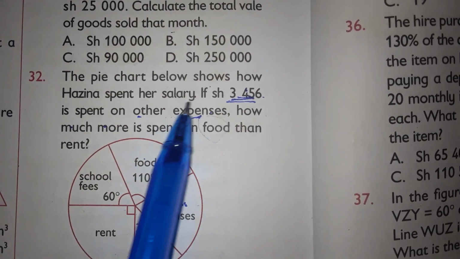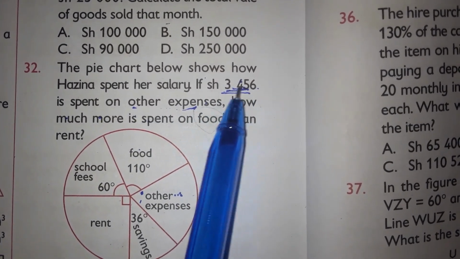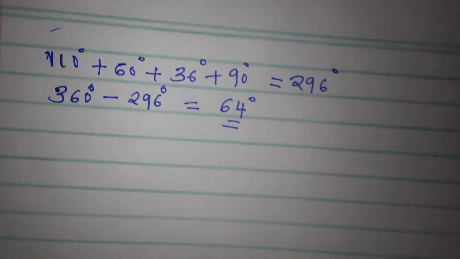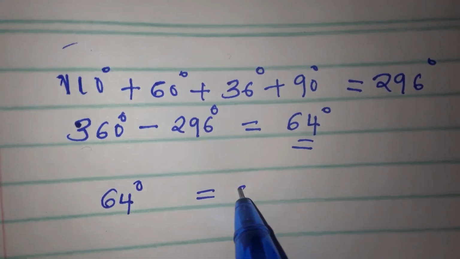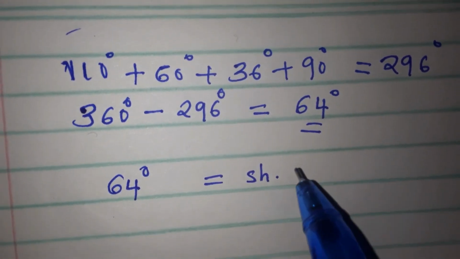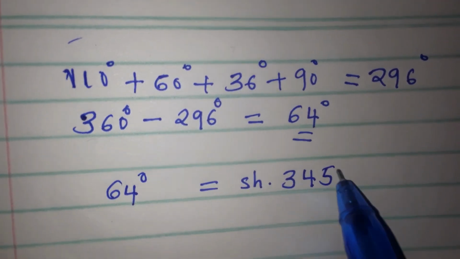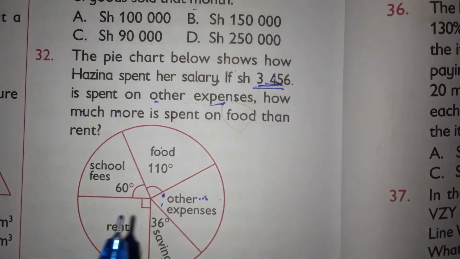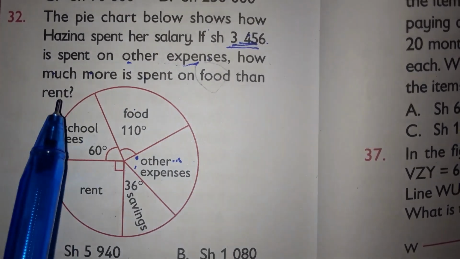But remember, this amount, 3,456, was spent on other expenses. So 64 degrees will represent that amount, which is 3,456. But in our question here, what they want is how much more is spent on food than rent.